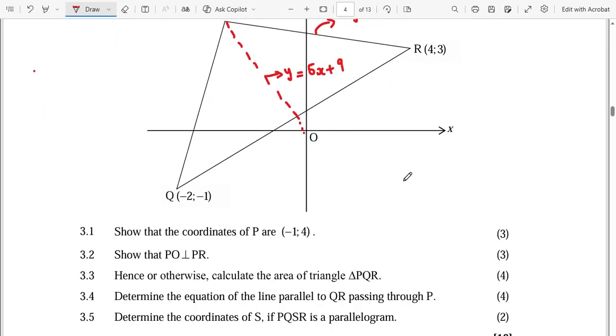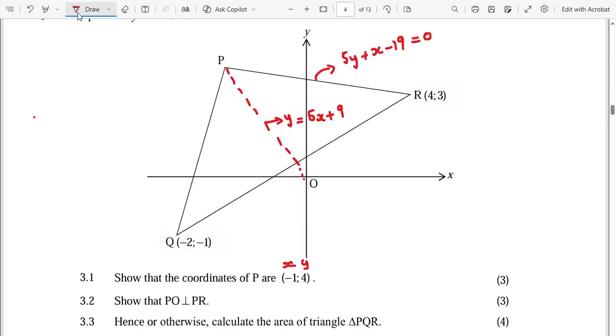The first question asks you to show that the coordinates of P are -1 and 4. So the x value is -1, the y value is 4. We need to prove this by finding the coordinates of P. When I see P, I know that P is the point of intersection for these two equations.